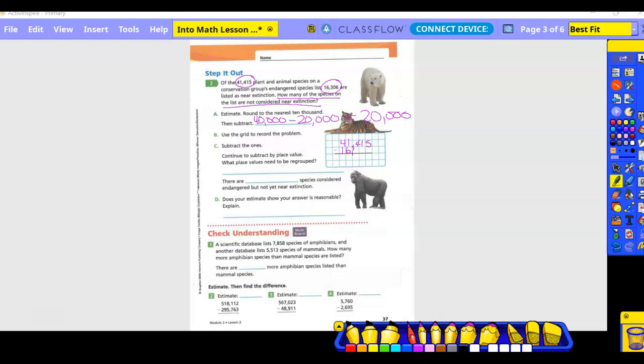We have to make sure we keep all of our place values in line, because if we don't, are we going to have some crazy answer? Yeah, so you have to keep your place values in line. All right, can I take 6 from 5? No, so I have to go next door and take 10 more. So this is going to become a 0, and this is going to become a 15, right?